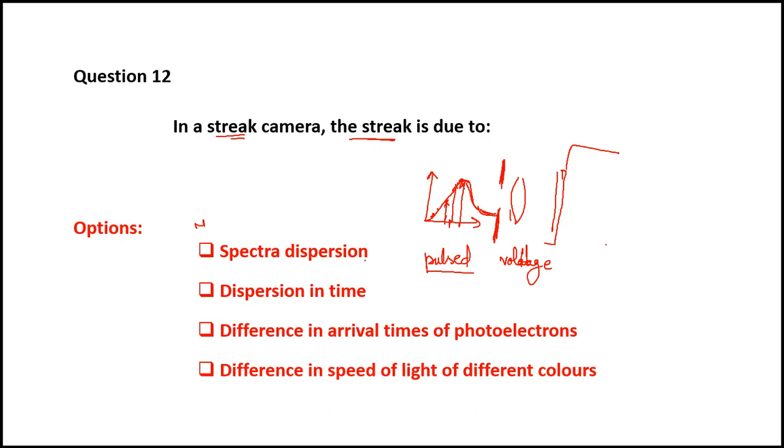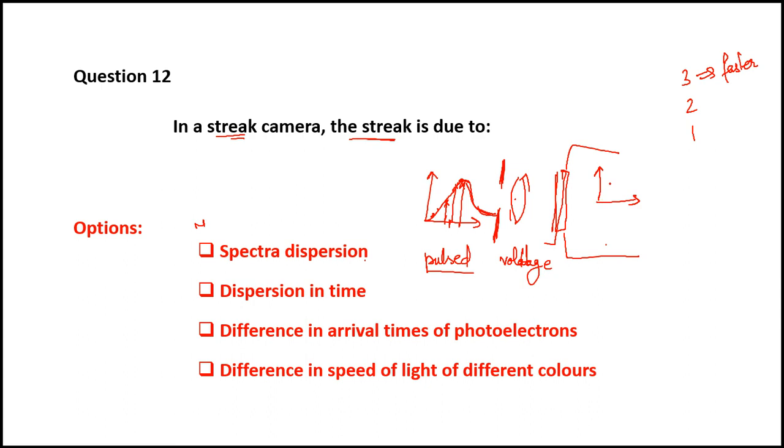Say these are the three I take: 3, 2, 1. Number 3 is the fastest. The faster it comes, the faster it goes through the slit, the faster it passes through the lens, the faster it comes to this photocathode, and the faster it gives the signal. So here it again generates a set of photoelectrons.